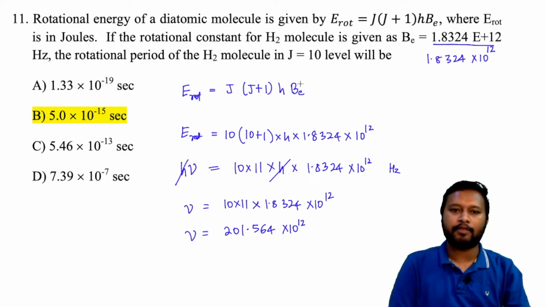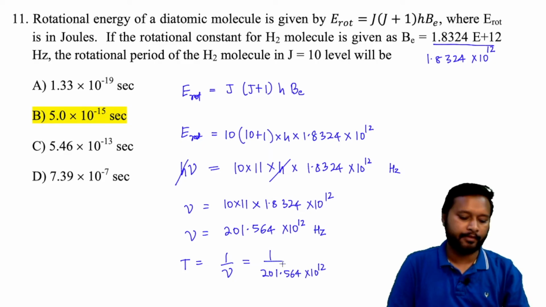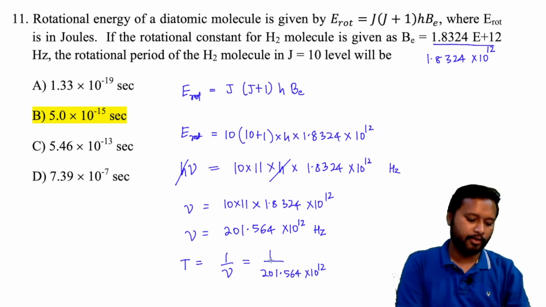So that's the frequency. What they're asking is the rotational period, that means the time period, and the values are also given in seconds. You know 1 upon hertz is second, so this frequency is in hertz. You need to find the time period, which is 1 upon frequency, that is 1 upon 201.564 into 10 to the power 12.